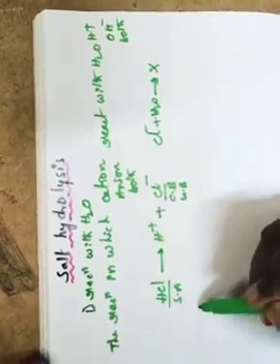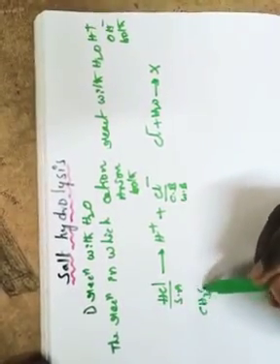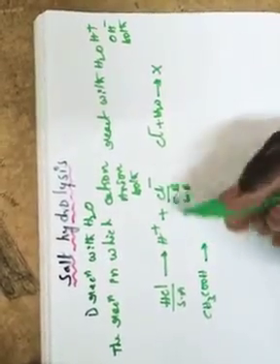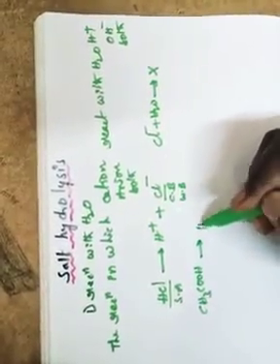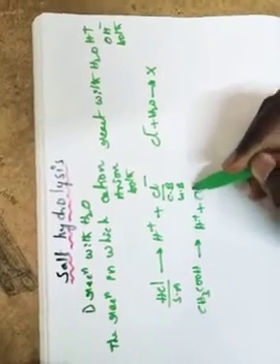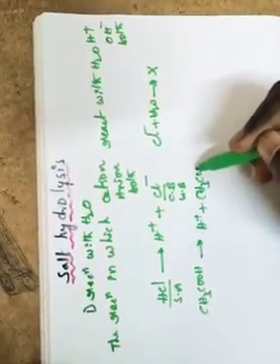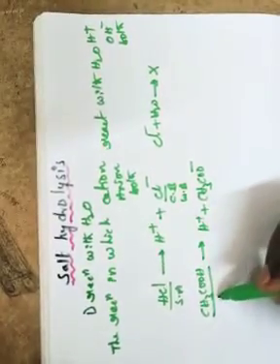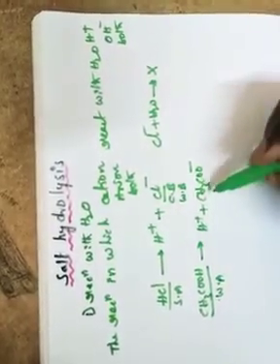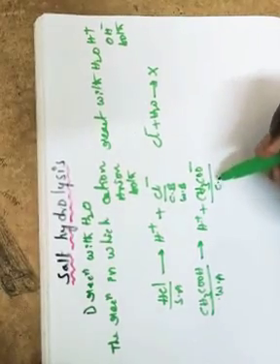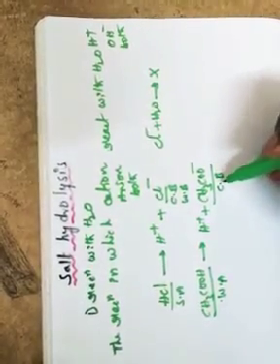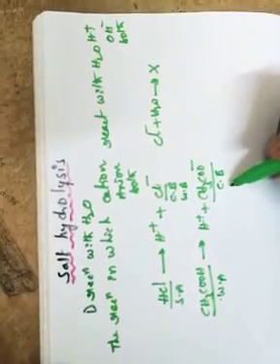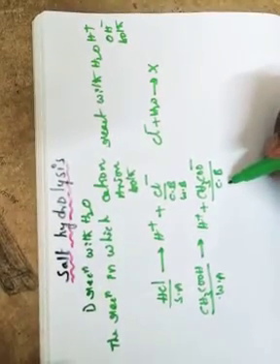The next one I am taking is acetic acid, CH3COOH. When you dissolve it in water, it produces H plus ion and CH3COO minus. Now we know that acetic acid is a weak acid, so this anion is its conjugate base. The conjugate base of a weak acid always acts as a strong base.